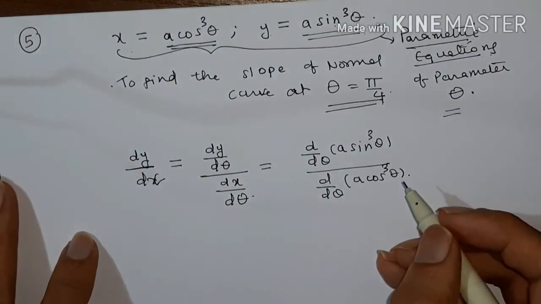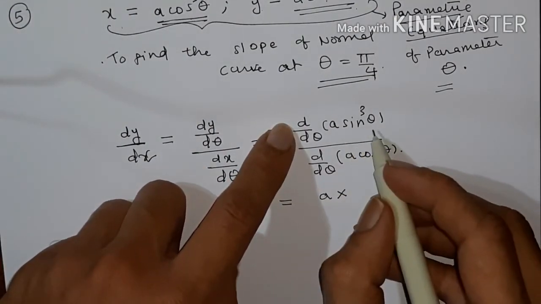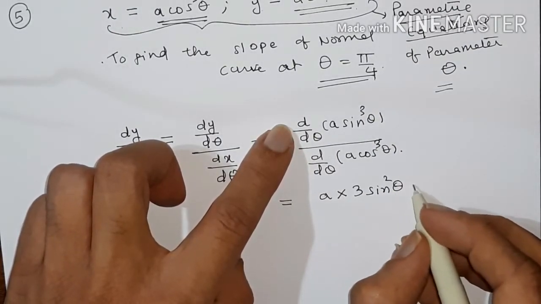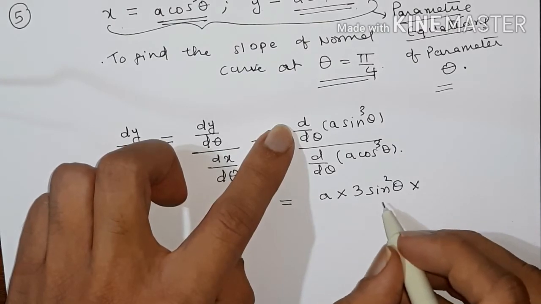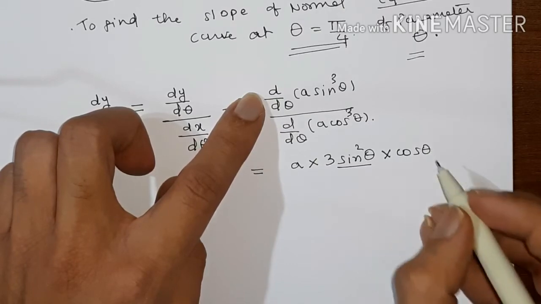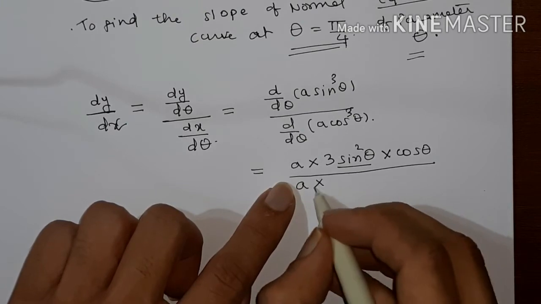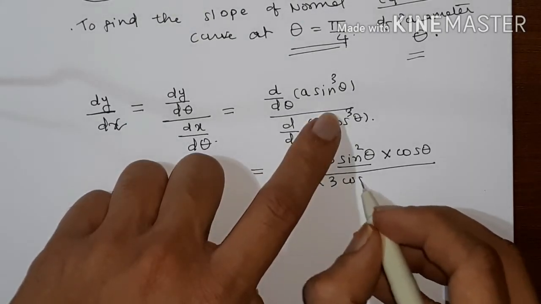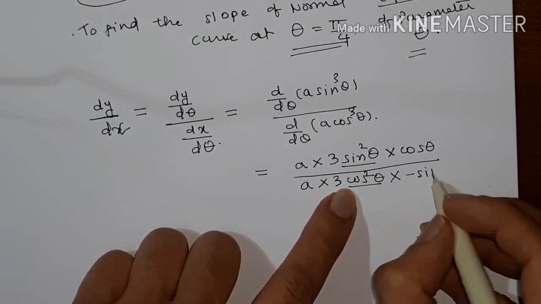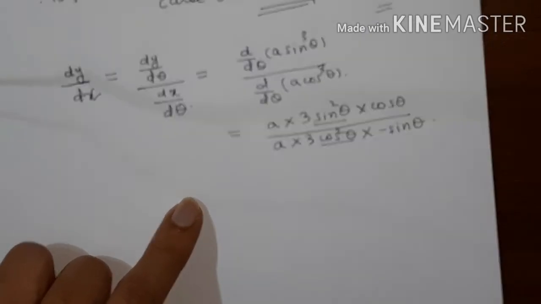So we get a times 3 sine square theta multiplied by cos theta, using the chain rule again, divided by a times 3 cos square theta into the derivative of cos theta, that is minus sine theta.